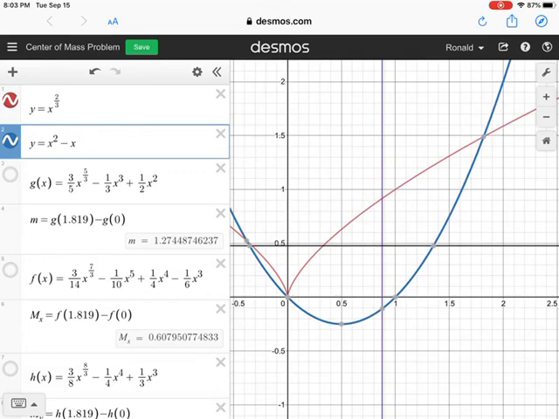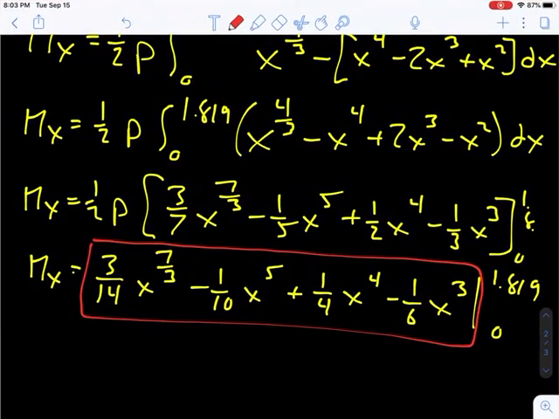That's my function f of x. And then I evaluated the center of moment about the x-axis, capital M sub x, as f of 1.819 minus f of 0. And so m sub x is 0.607.